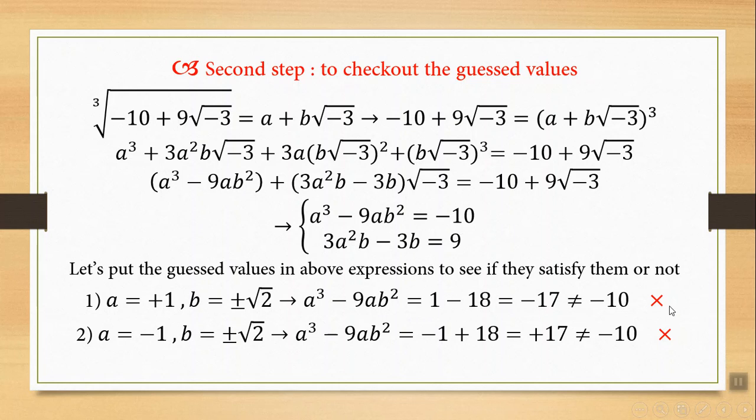So a cannot be positive 1. Let's put a equal to negative 1 in our first expression. As you can see, the value of this expression equals positive 7 now, and this is not equal to negative 10 too. So our guessed values for a are not correct.